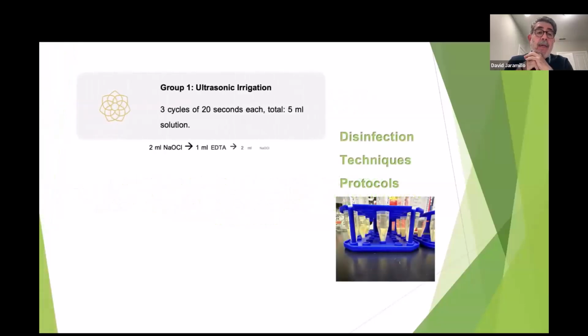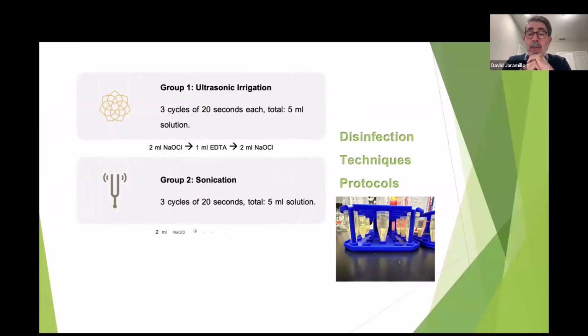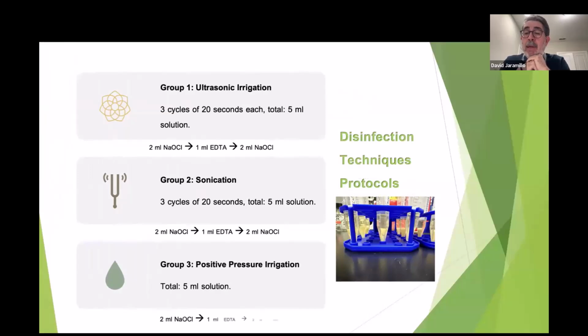So what we did, we had three groups, and we infected those single-rooted teeth with E. faecalis for 4 weeks. We supplemented the broth with glucose, and we replaced the broth every other day in order to keep a healthy broth with great nutrients for the bacteria to keep developing, right?